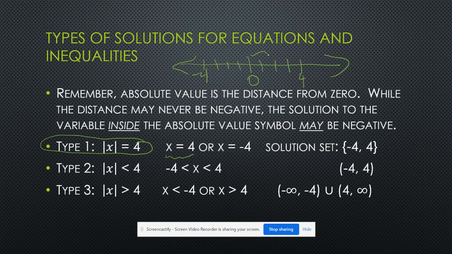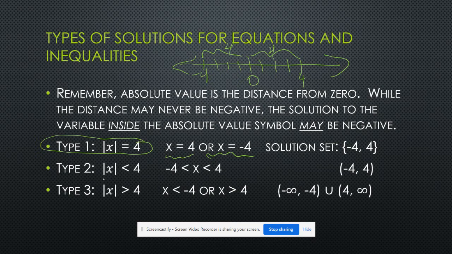They both have a distance of 4 from 0. So our answers would be x equals 4 or x equals negative 4. Our solution set would be negative 4 and 4.